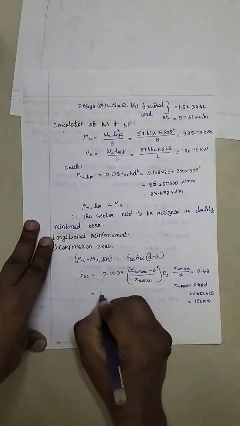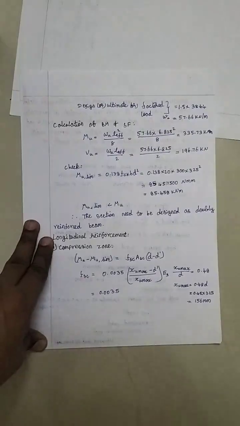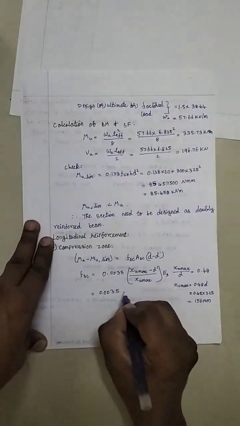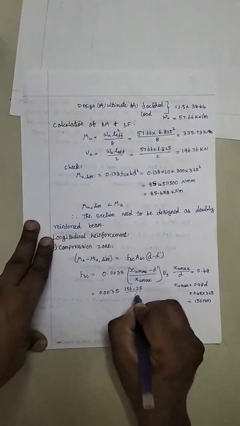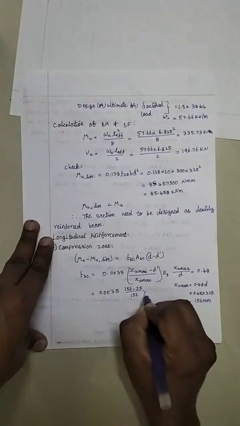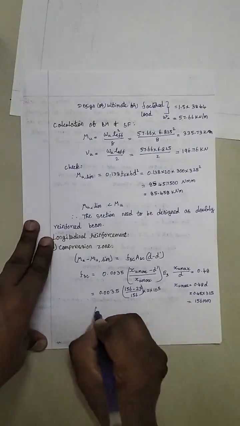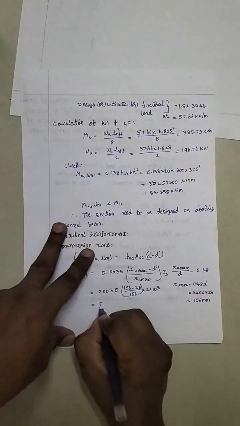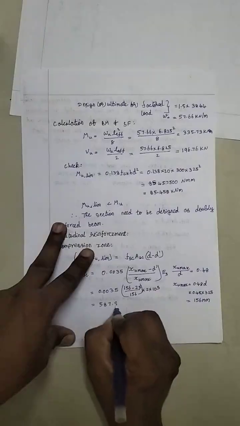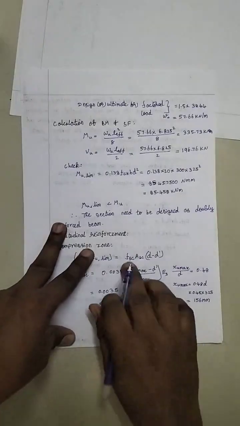So the value is 0.0035 into (156 minus D dash, the cover is 25 mm) divided by 156 into 2 into 10 to the power 5. So the answer which we are getting is 587.82 Newton per mm square. So we have calculated the FSC value.